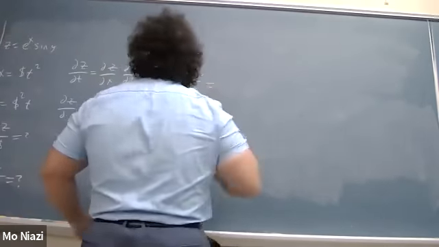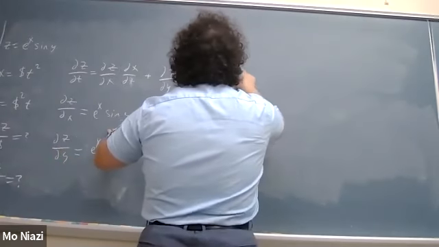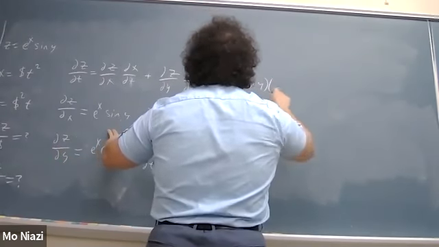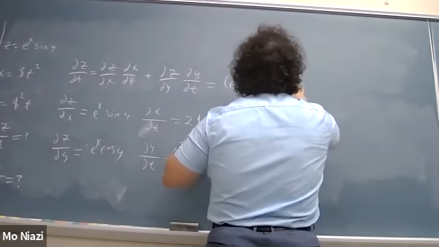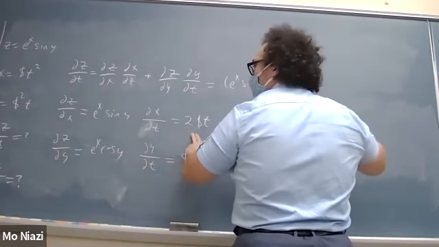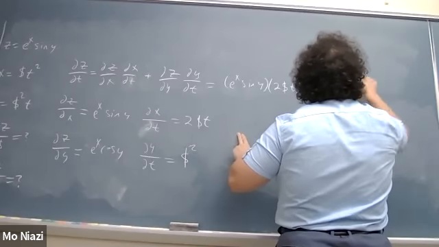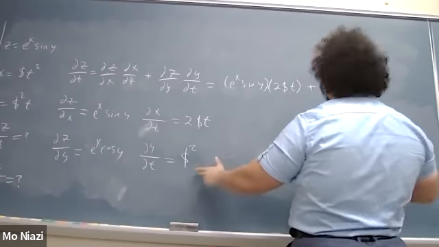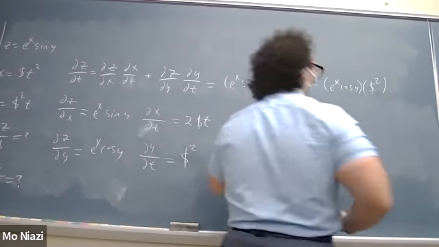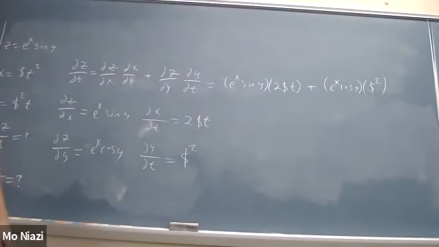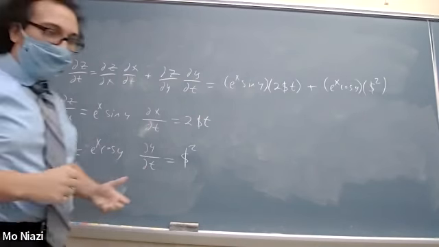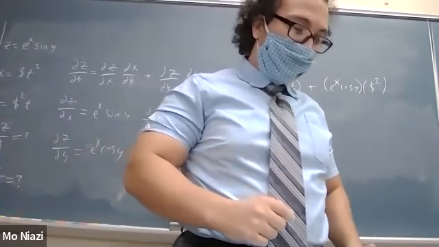So this results with, I get e to the x sine of y times 2st plus e to the x cosine of y times s squared. That is all for that one.